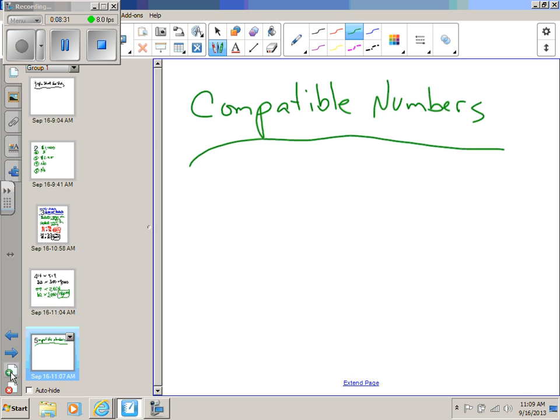Now, I don't know why they write it this way, but 477 divided by 7.